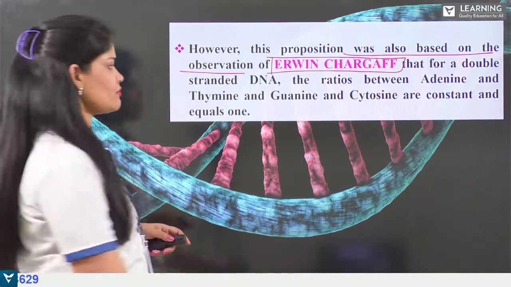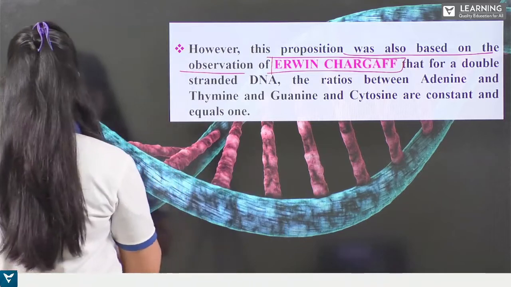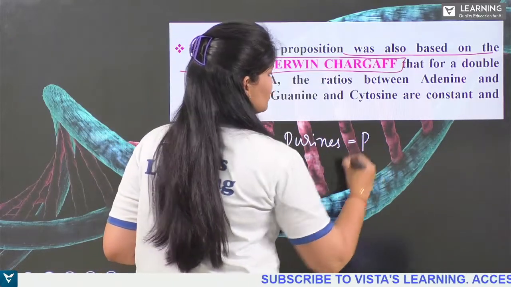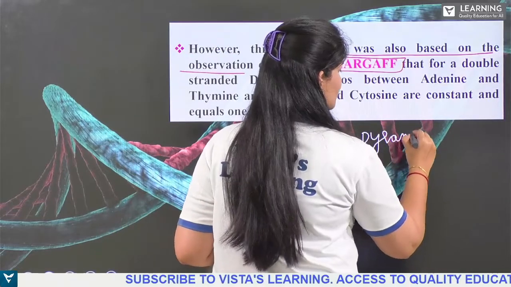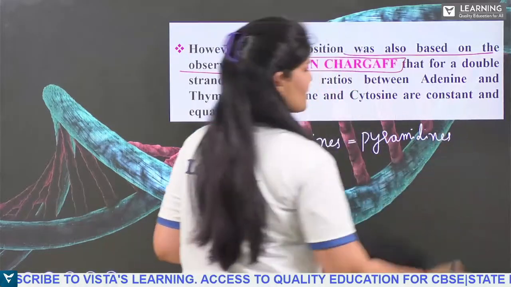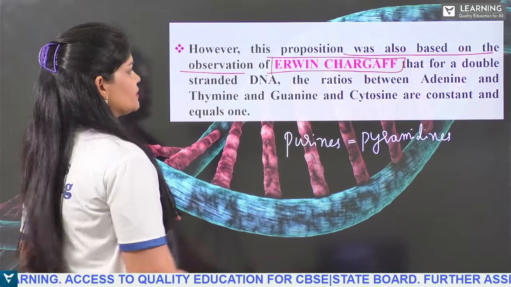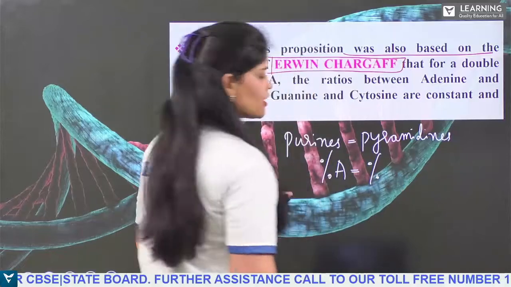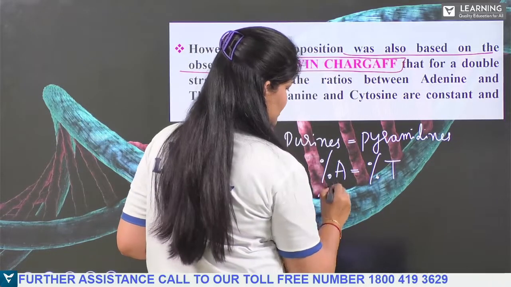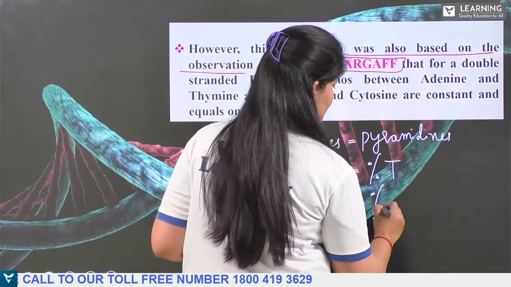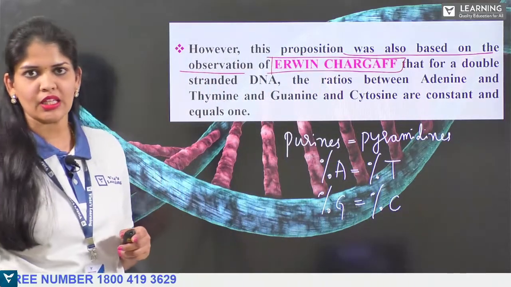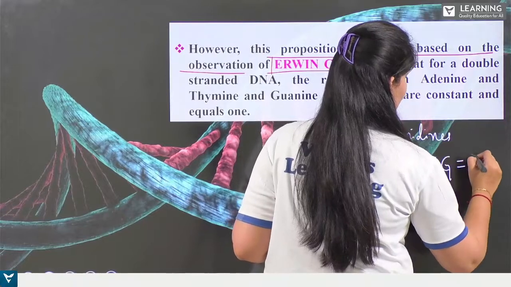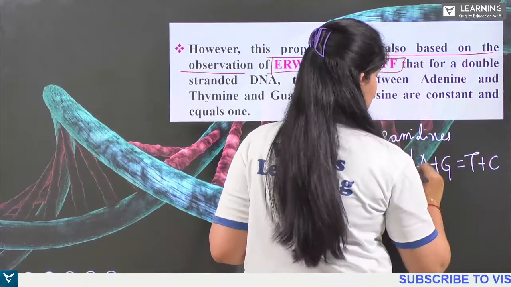This says that purines will be equal to pyrimidines, and here the percentage of A will be equal to the percentage of T, and the percentage of G will be equal to the percentage of C. And always, purines will be equal to pyrimidines.